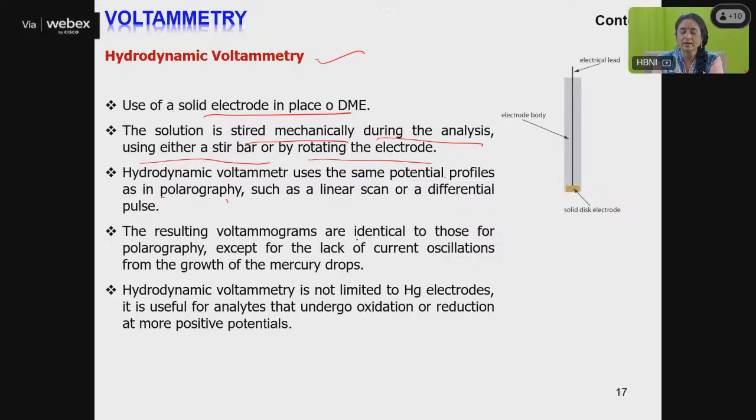The resulting voltammograms are identical to those for polarography, but the difference is that here you are using a metal instead of mercury. Hydrodynamic voltammetry is not limited to mercury electrodes. It is useful for analytes that undergo oxidation or reduction at more positive potentials. So this is the difference between hydrodynamic voltammetry and polarography. In polarography, it is exclusively a dropping mercury electrode or a mercury electrode, whether a static mercury drop electrode also, but it is mercury. But in other cases, it is a metal electrode.